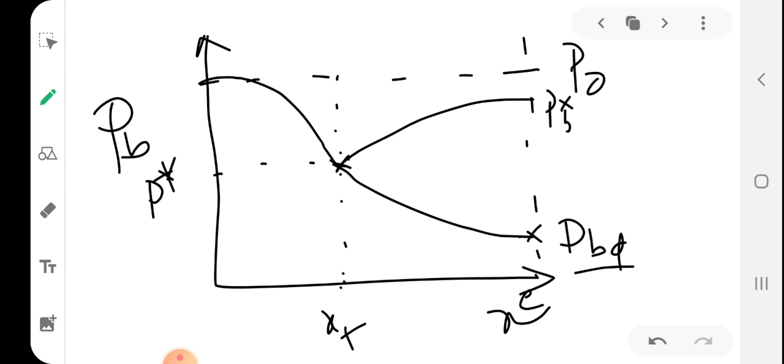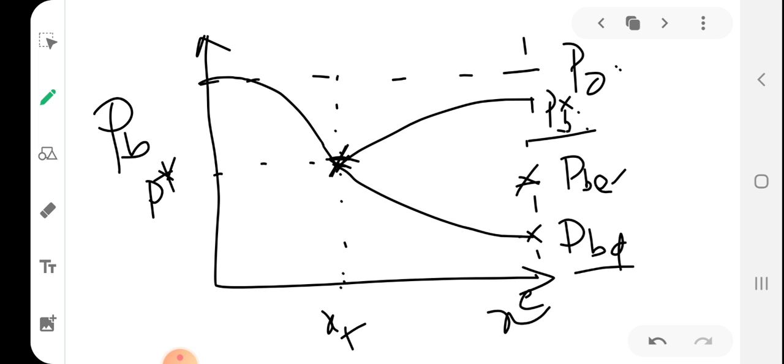PB star means that pressure which is required to make the flow choked. So when PB is reduced from P0 to PB star, the flow gets choked for the first time when it reaches PB star, and an intermediate pressure PBE is the maximum back pressure required to get the normal shock at the exit plane.